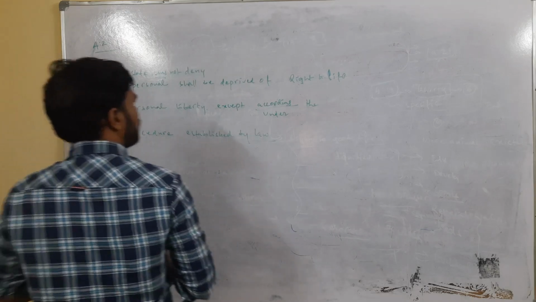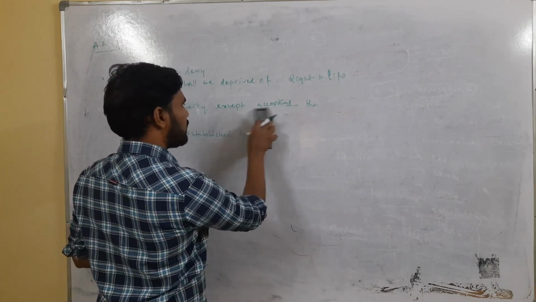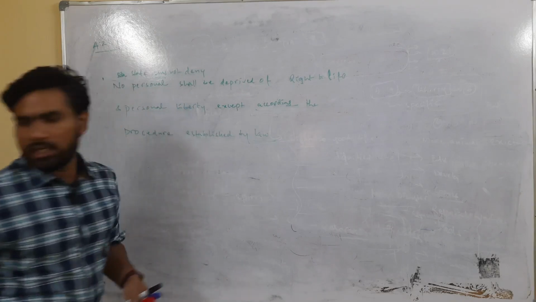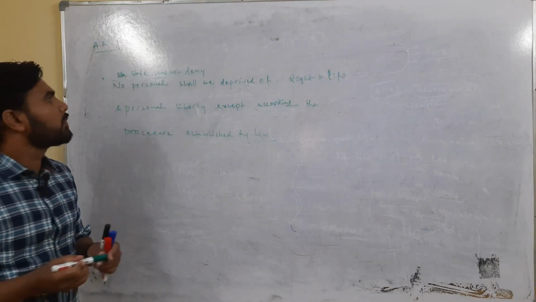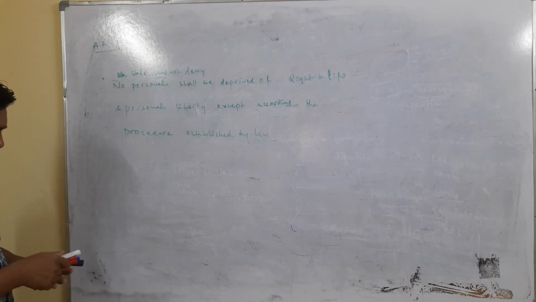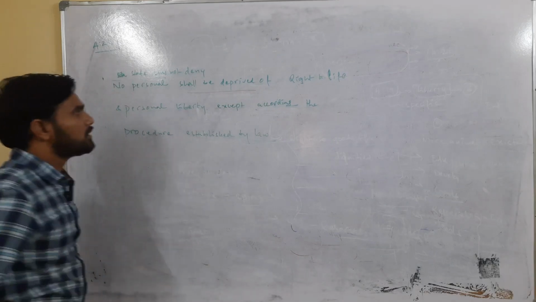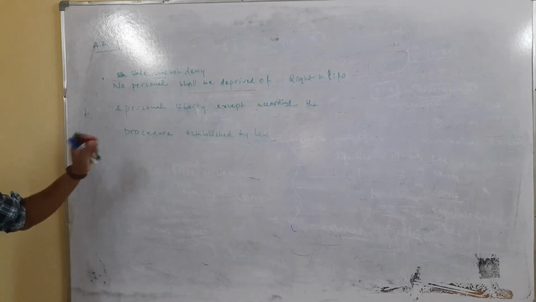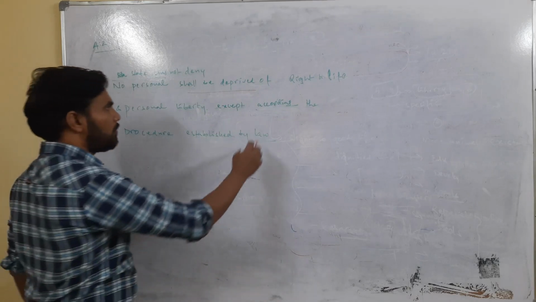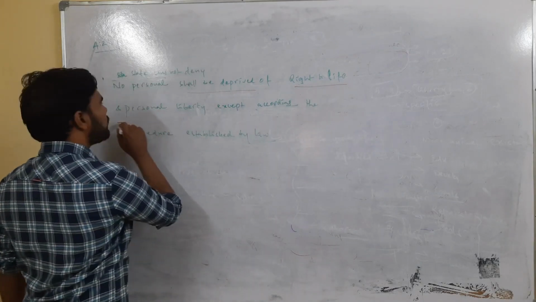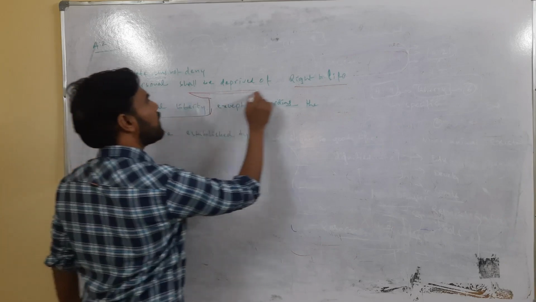You can remove "under", no need for it. So until here we have understood: the state shall not deny any person the right to life and personal liberty, or no person shall be denied or deprived of the right to life and personal liberty.